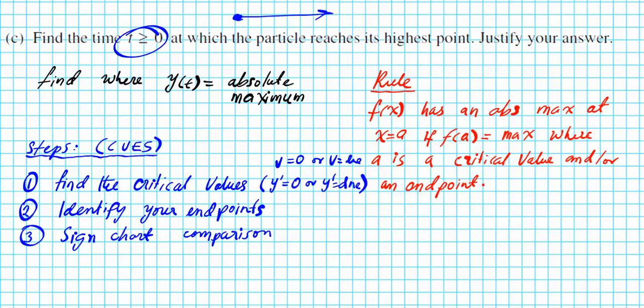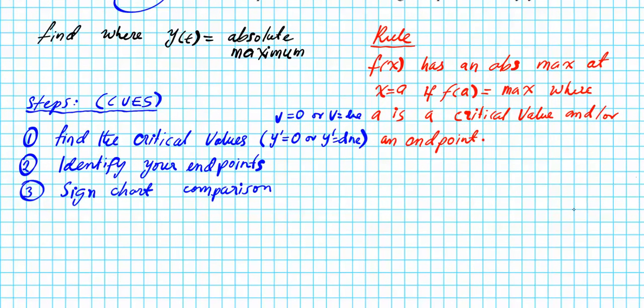Now, let's go ahead and get started. Let's start by finding the critical values. This is where y prime is equal to 0 or does not exist. We know that the original function f of t is equal to y of t.